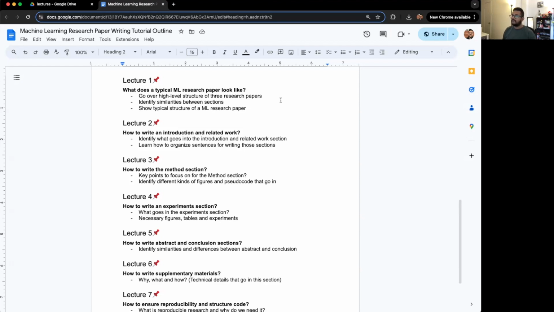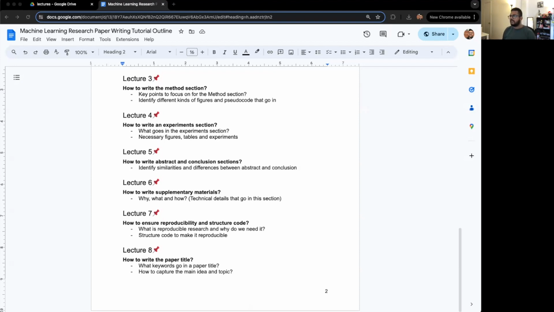After that, we would look at the abstract and conclusion sections and also identify the similarities and differences between these sections. Moving on from the main paper, we would also look at the supplementary material. We would learn the why, what, and how behind this supplementary material and the technical details that go in this section.